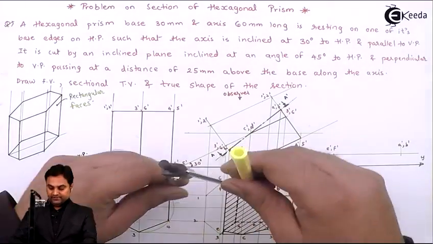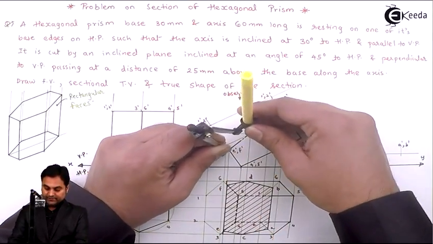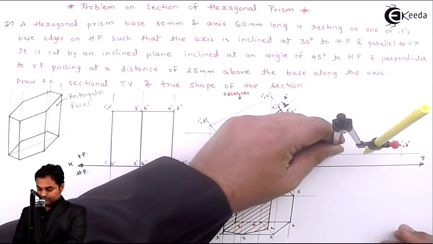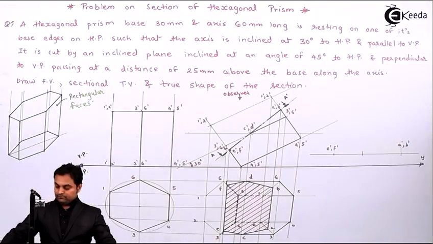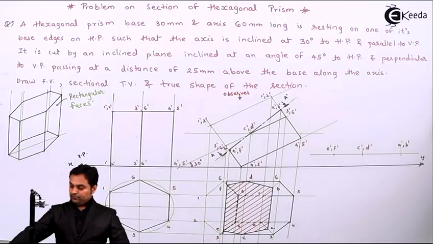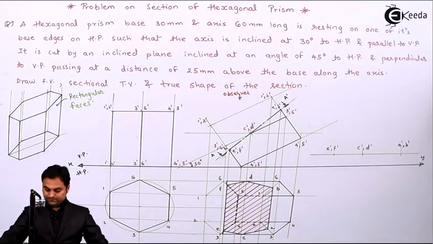Next I'll mark C and D over it. So from EF to CD, projecting the points in sequence.